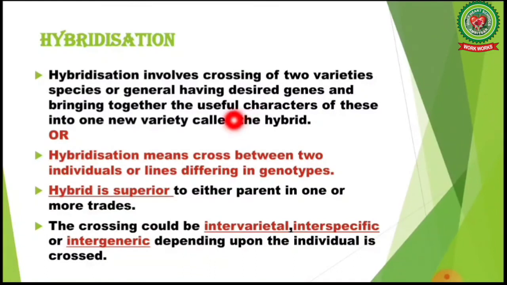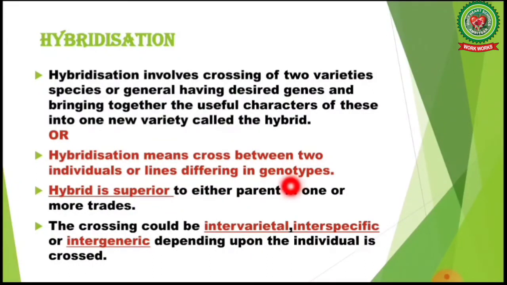Next, talking about hybridization. Hybridization involves crossing of two varieties or species or genera having desired genes and bringing together the useful characters of these into one new variety called the hybrid, or we can say the cross between two individuals or lines differing in genotypes.